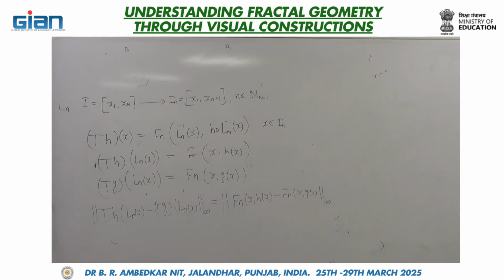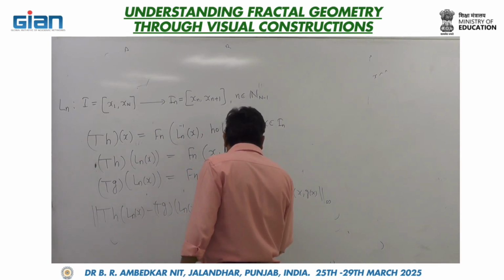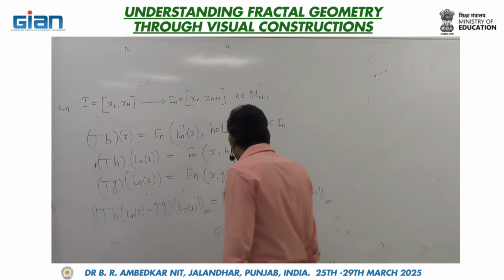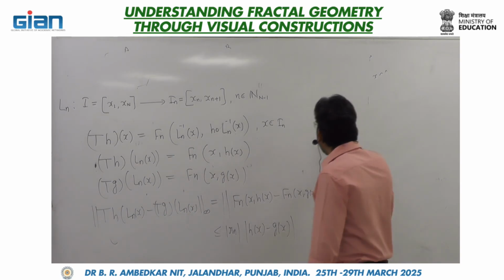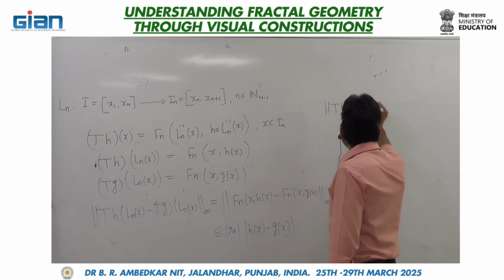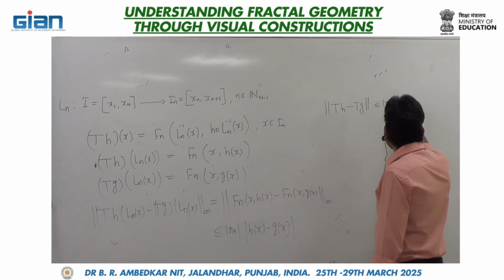So fn is a contraction in the second argument, then it will be less than or equal to Rn times, what will you get? h of x minus g of x. And by that you can prove that the norm of Th minus Tg is less than or equal to r times, or Rn times, the norm of h minus g.